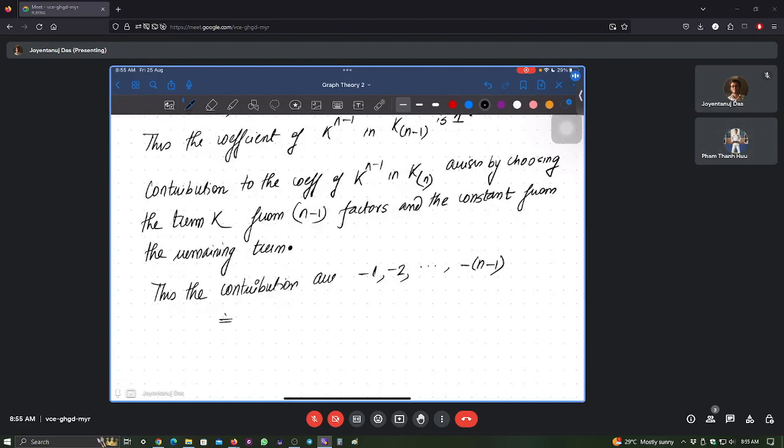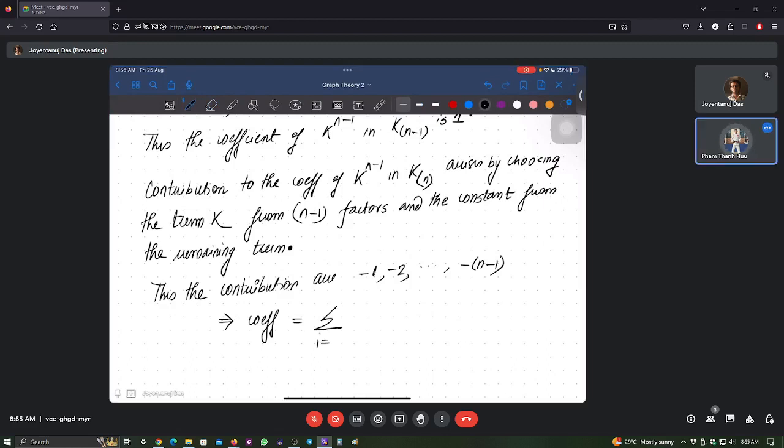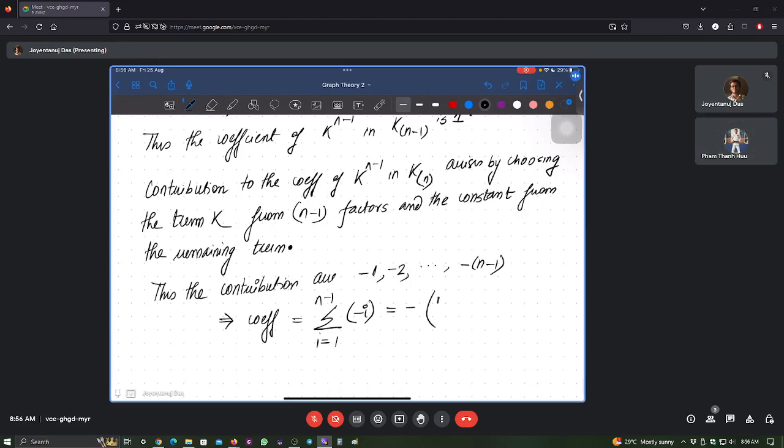So the coefficient is minus the summation of i, i equals 1 to n minus 1, which is nothing but minus of n choose 2.